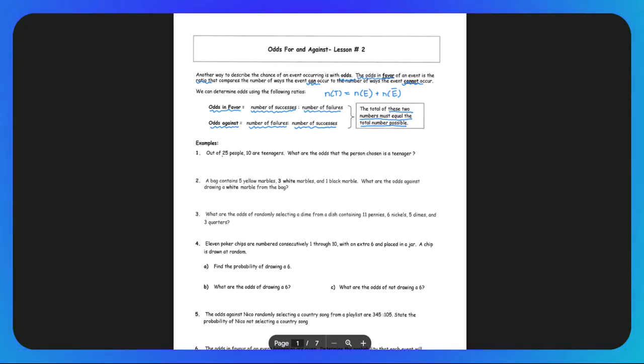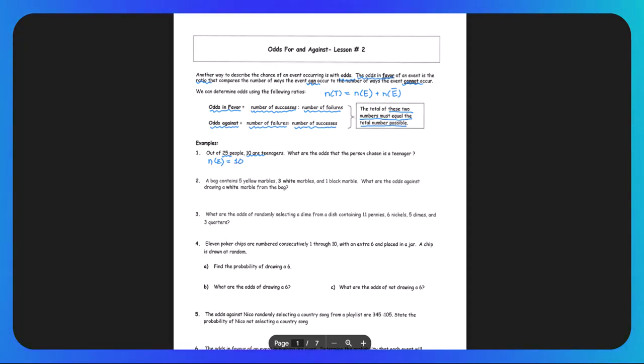Out of 25 people, 10 are teenagers. What are the odds that the person chosen is a teenager? Well, the number of successes in this case would be the number of teenagers, which is 10.